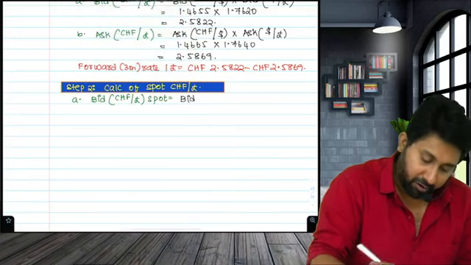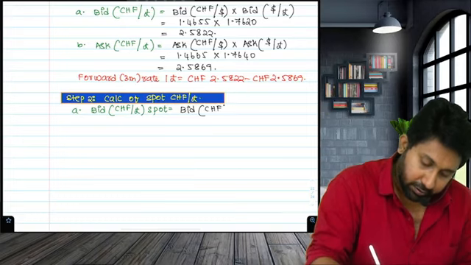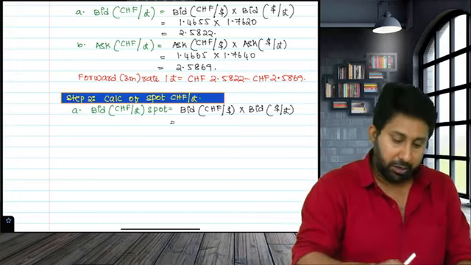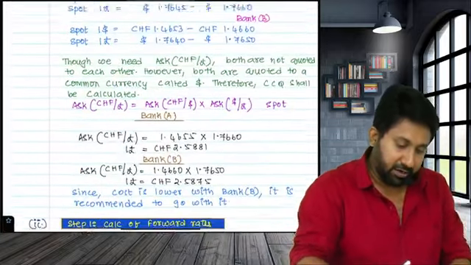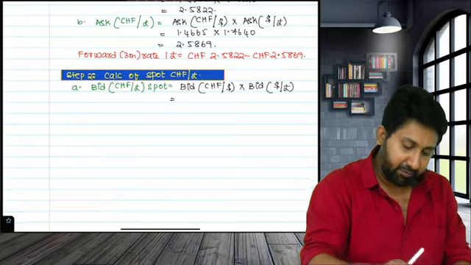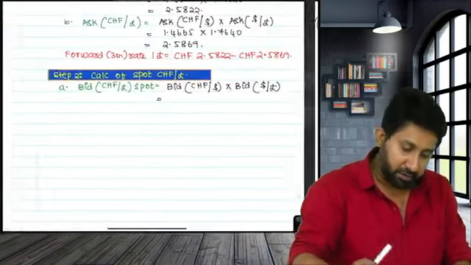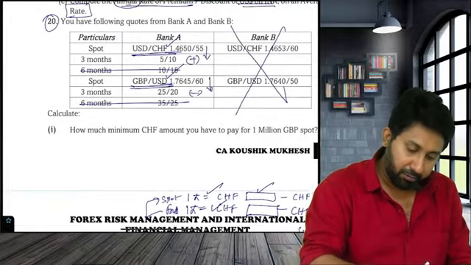Write down your formula, they will give marks for the valuation in the exam. CHF by dollar into bid of dollar by pound equal to spot. In the spot, what is the rate that were given? Bid of CHF by dollar, how much it is?